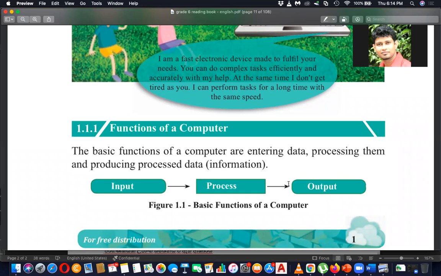Pizza, sauce, those are the inputs. Ingredients of the pizza, topping, bun, those are the inputs. And what is the process?